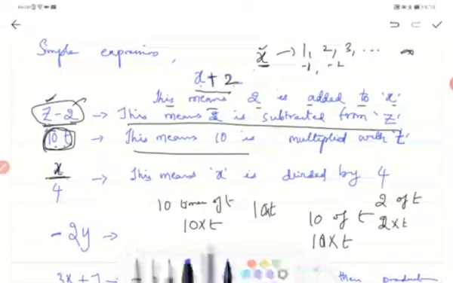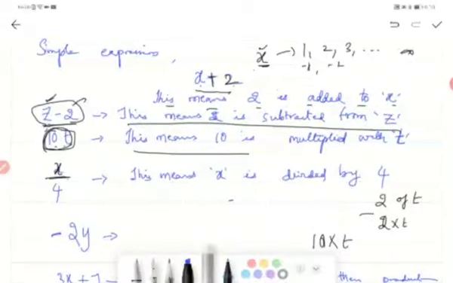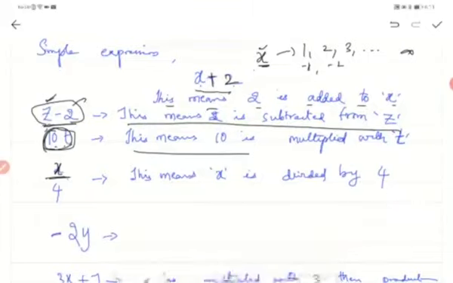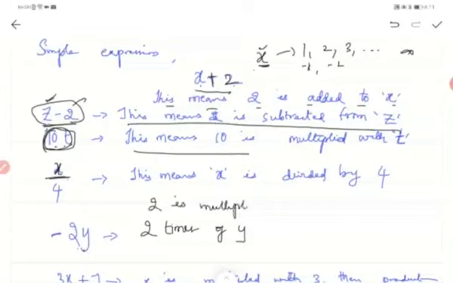These are the statements you need to understand at this stage. So 2y means 2 times y, or this means 2 is multiplied with y, or y is multiplied with 2.